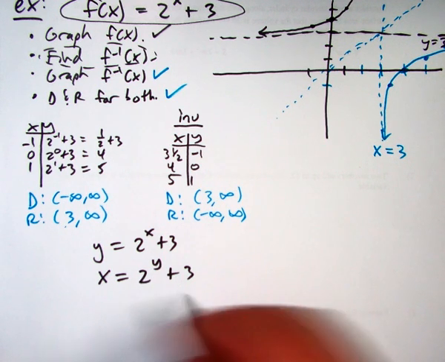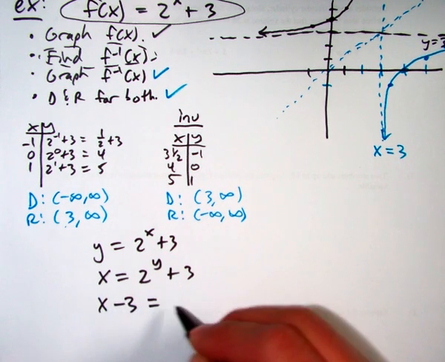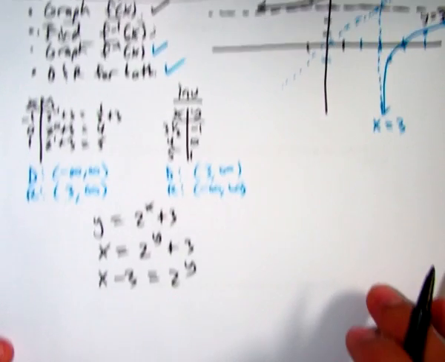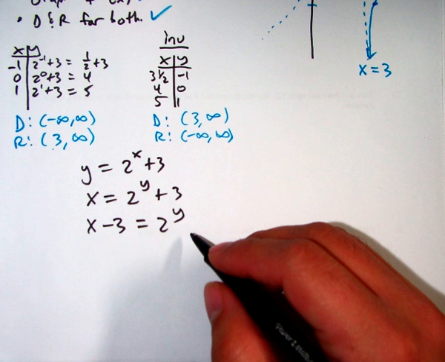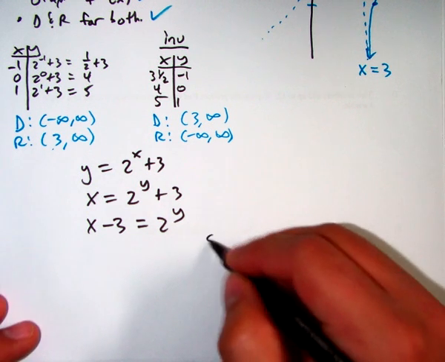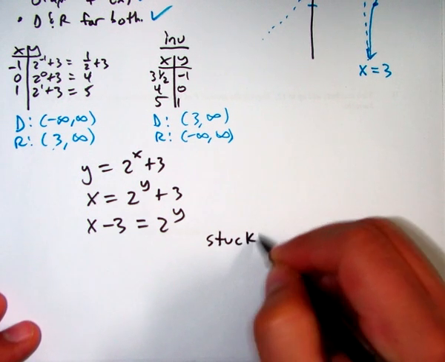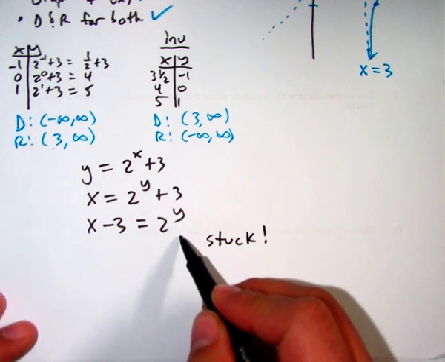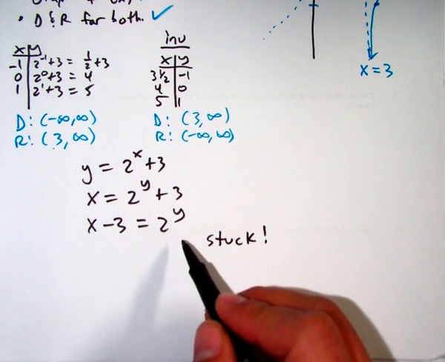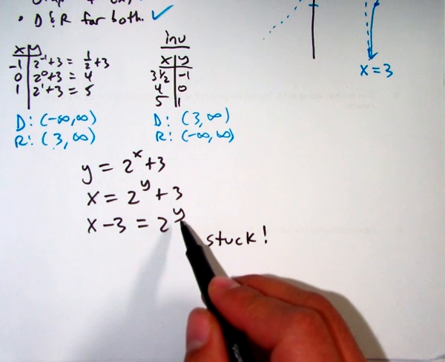So if I subtract 3, I get x minus 3 equals 2 to the y. And then here, we reach a place where we really don't know what to do anymore. I like to always teach it this way. I get to a certain point in this chapter, and then I usually get stuck. I can't really get y alone anymore.